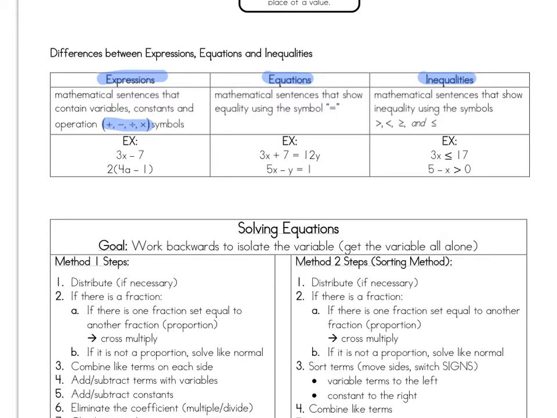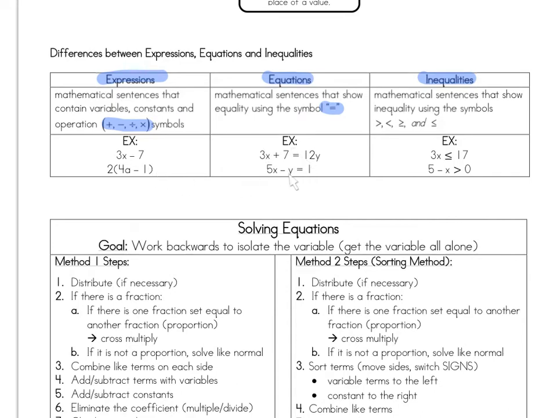Equations are basically anything that contains the equal sign. So if we compare the expression to the equation, we can see that the equation now has an equal sign. So here's an expression, no equal sign.